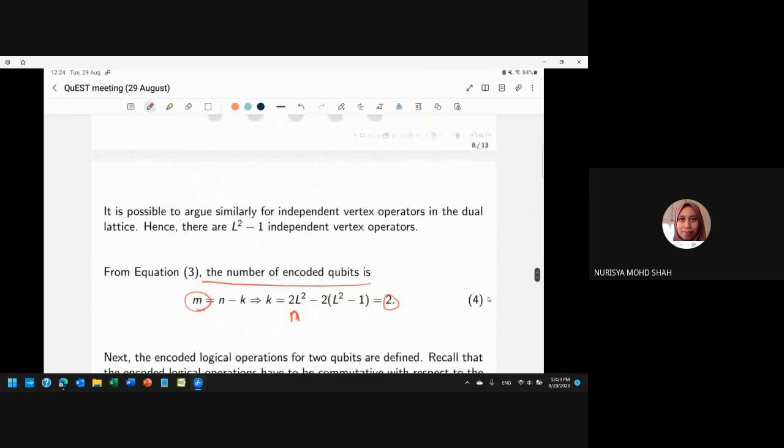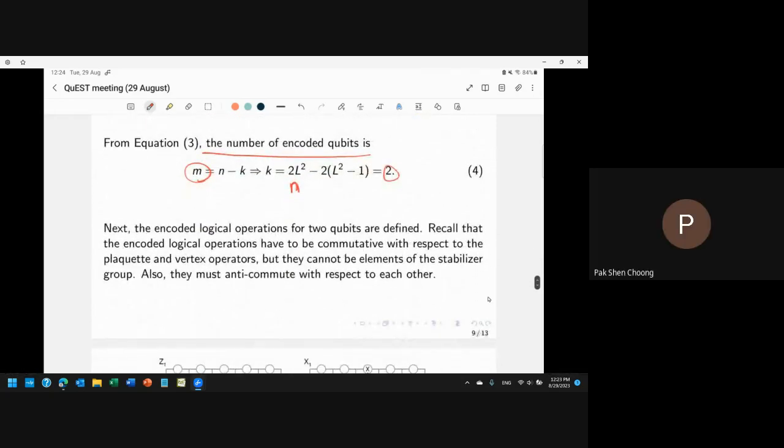Yes. Okay. So then the next thing is we want to define the encoded logical operations because we have 2 qubits. So we have X1, X2, and then Z1, Z2.